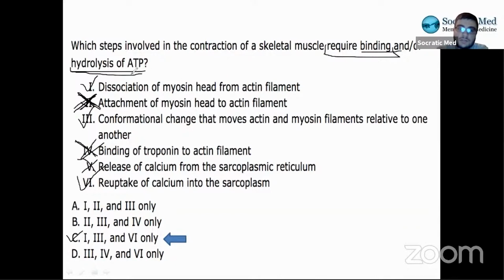Does that make sense? If the answer had said strong attachment, that would differ, but it doesn't mention strong or weak attachment.